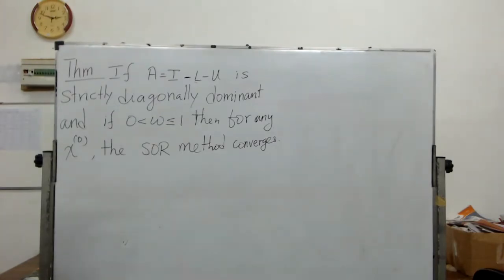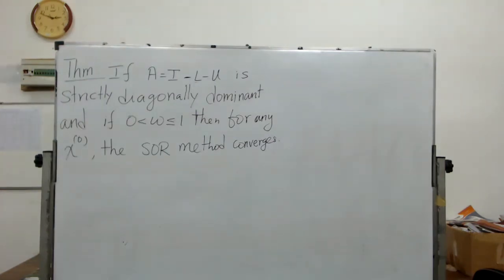For any initial value x naught, the SOR method converges if the coefficient matrix A, which you write as I minus L minus U, is strictly diagonally dominant.